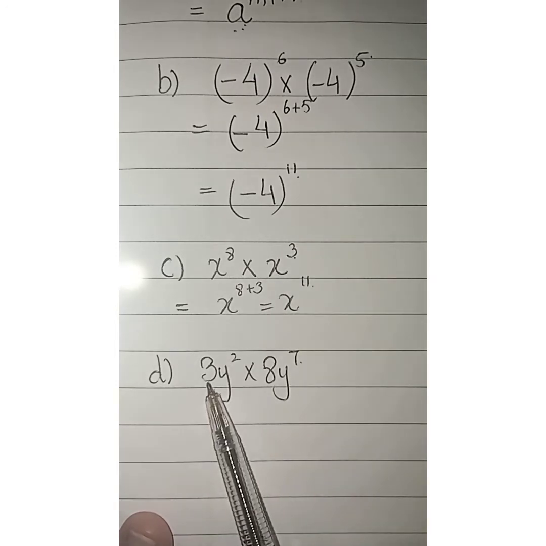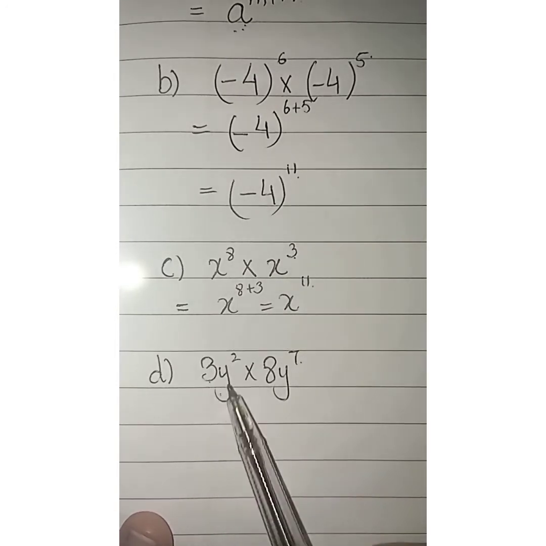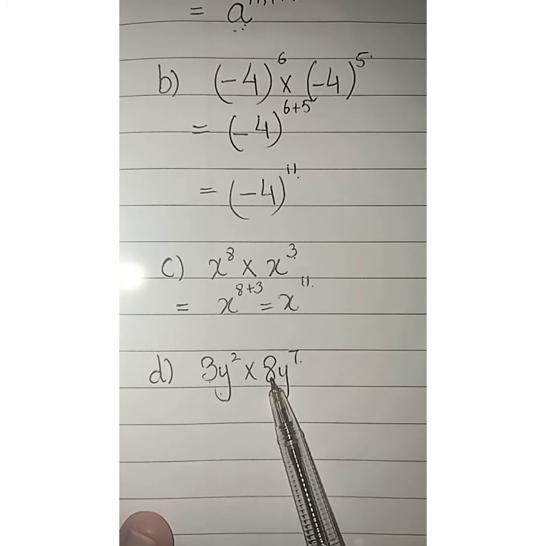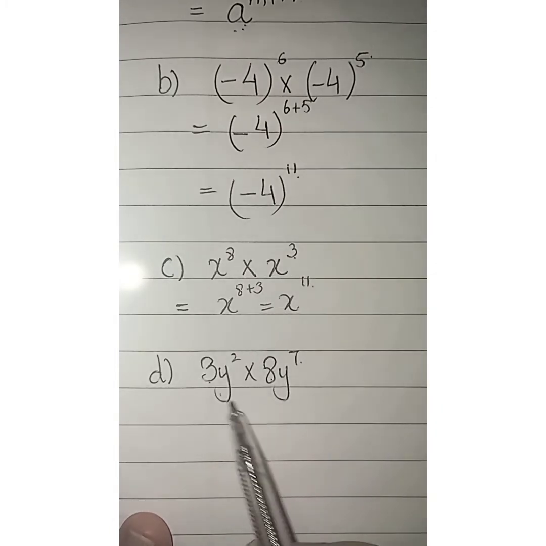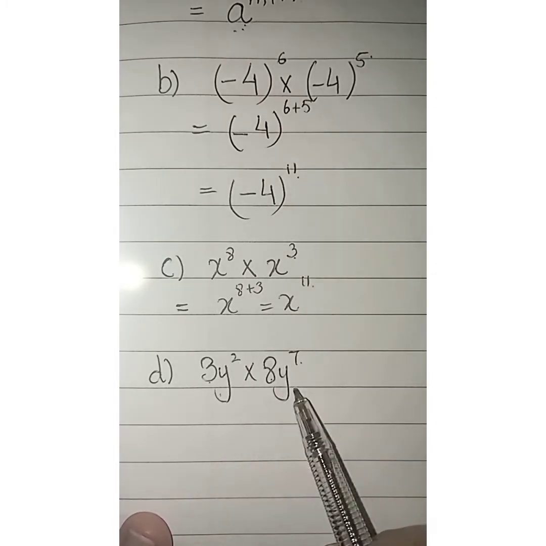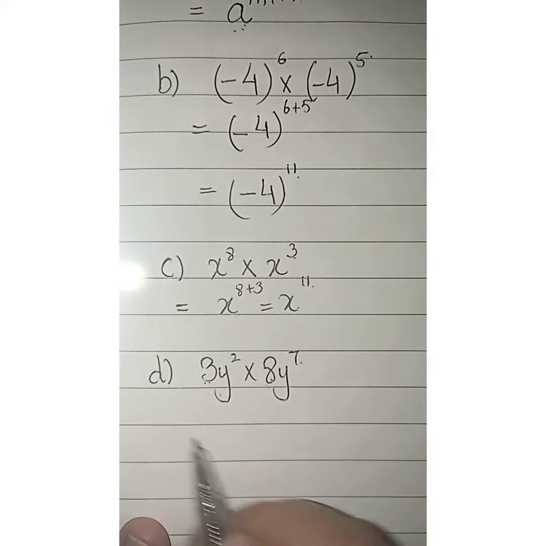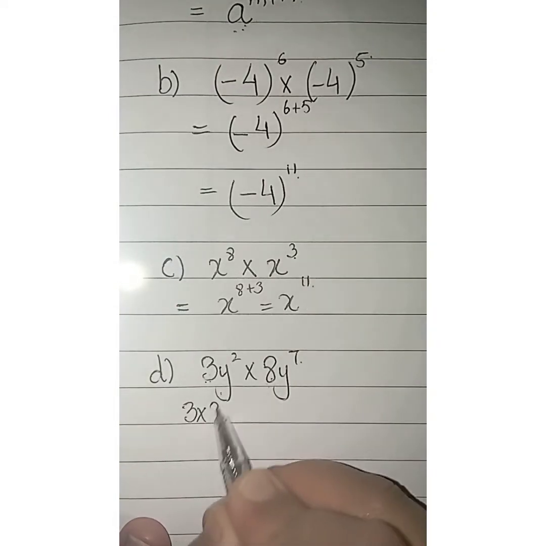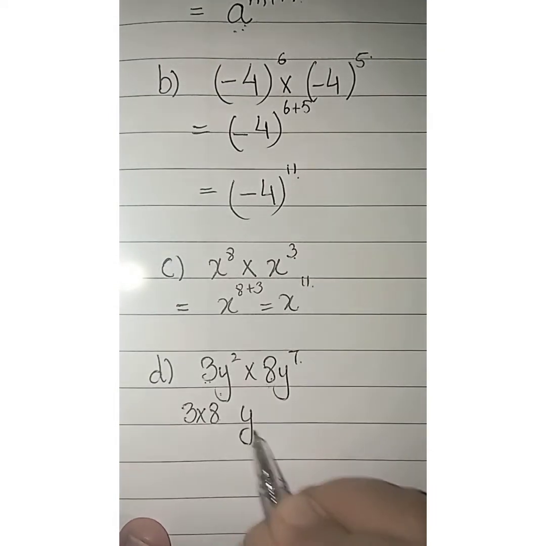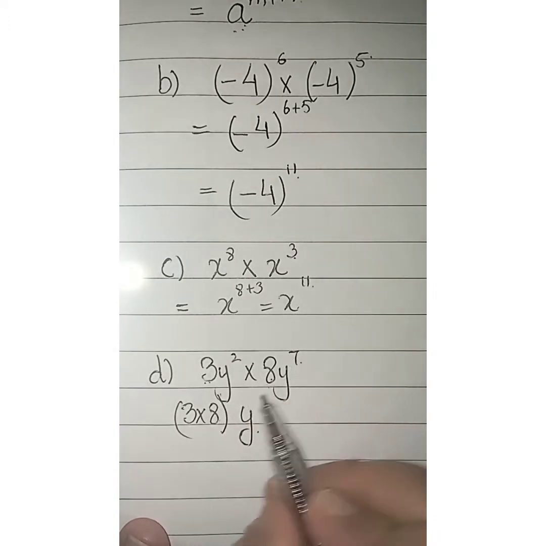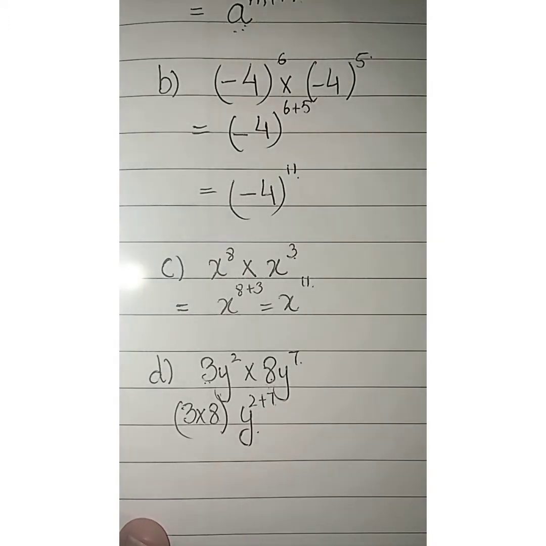But for this we see that the coefficient of this y is 3 and this y is 8. So let's take the rule to the y only, and first multiply 3 times 8, and then y one time, with the powers 2 plus 7. Again the same rule applied.